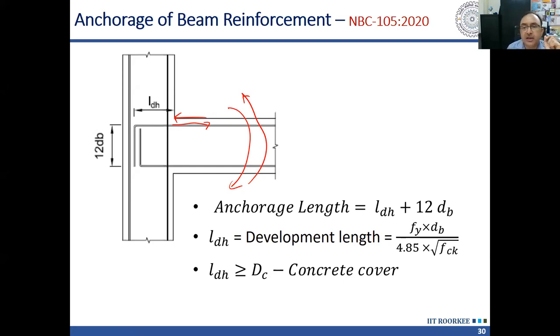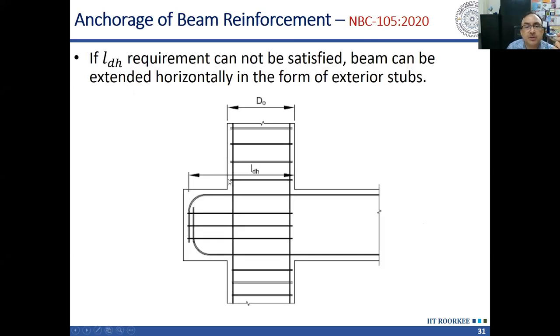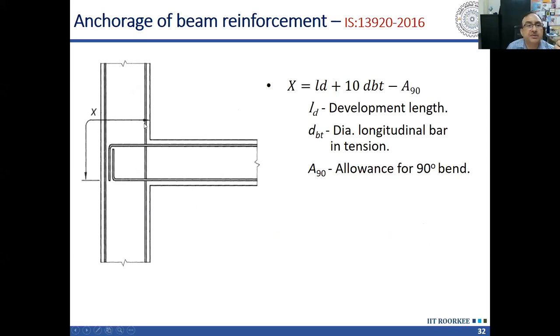And here, let me tell you that in NBC, there is an improvement over IS 13920. What is given in IS 13920 is that this length has to be Ld plus 10d. You remember in Indian code IS 13920, it is Ld plus 10d, and this Ld plus 10d becomes much larger.